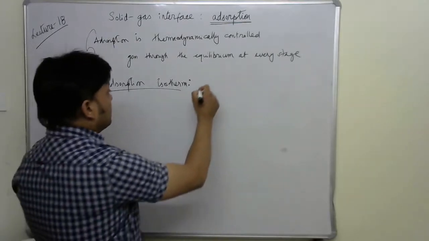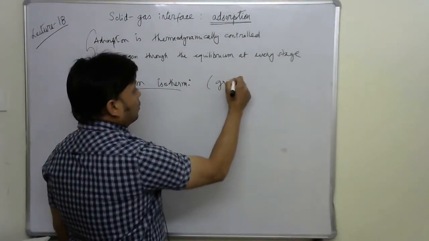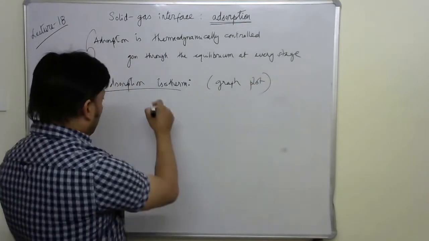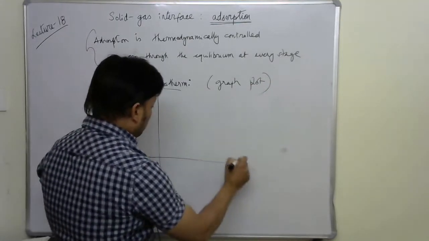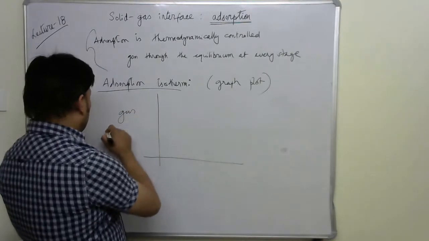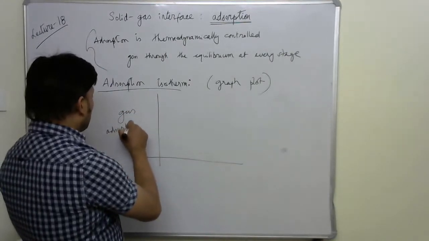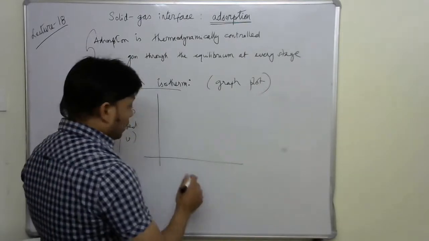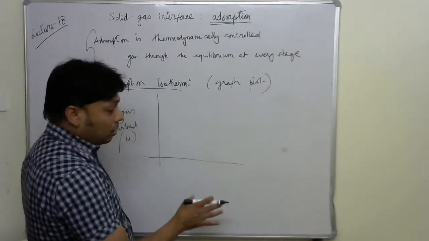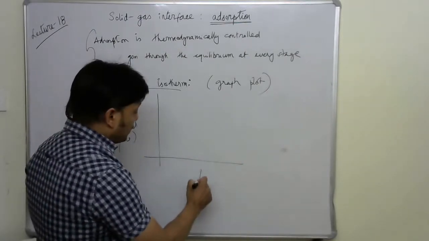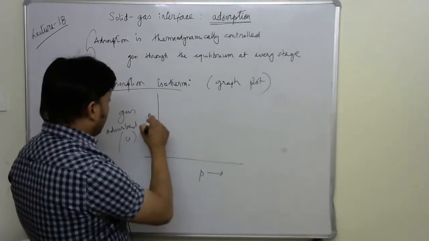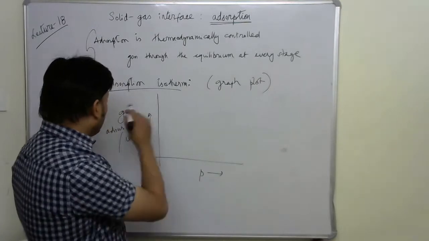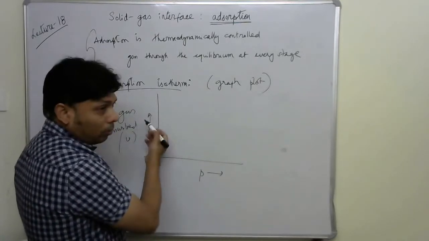So this is basically a graph plot. So adsorption isotherm stands for the plot of the gas adsorbed, essentially in terms of volume, with respect to the applied pressure of the gas on the surface. So this is the pressure axis, this is the volume axis. So the pressure goes from very low value to high value, and whatever the gas volume adsorbed is plotted there.